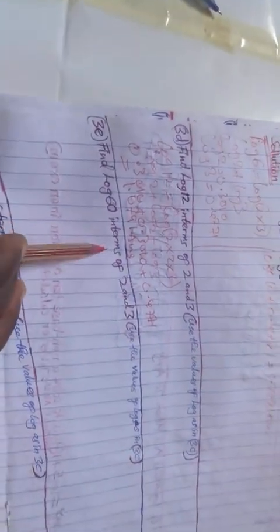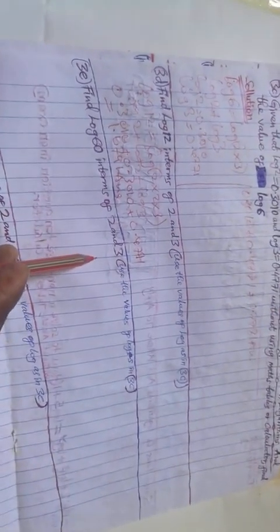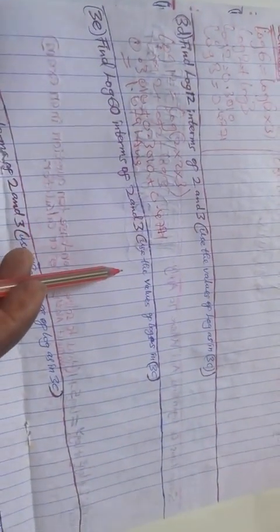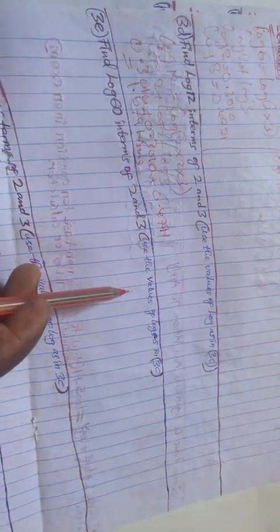Question number 3e: we already did these questions in our previous videos. It says find the log of 60 in terms of 2 and 3. Use the values of logs in 3c.